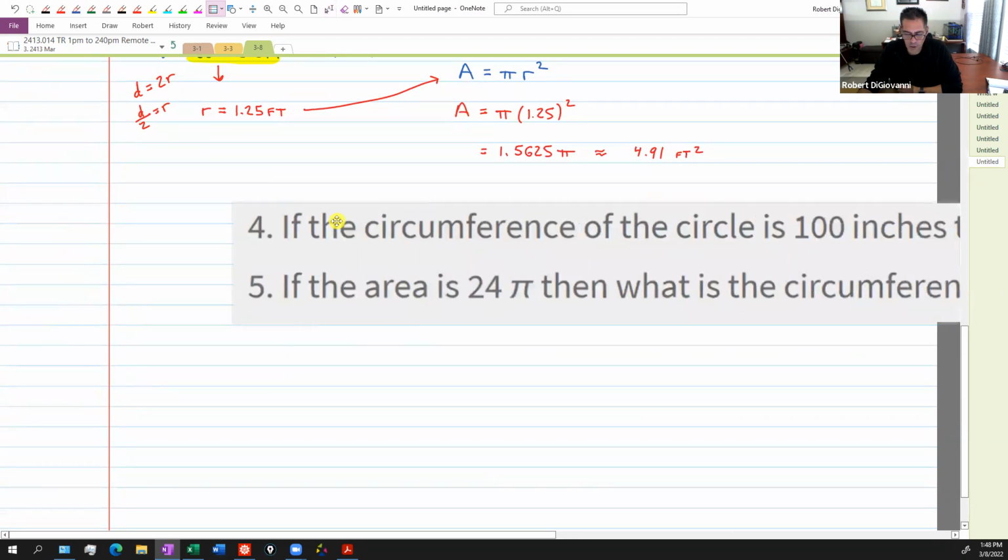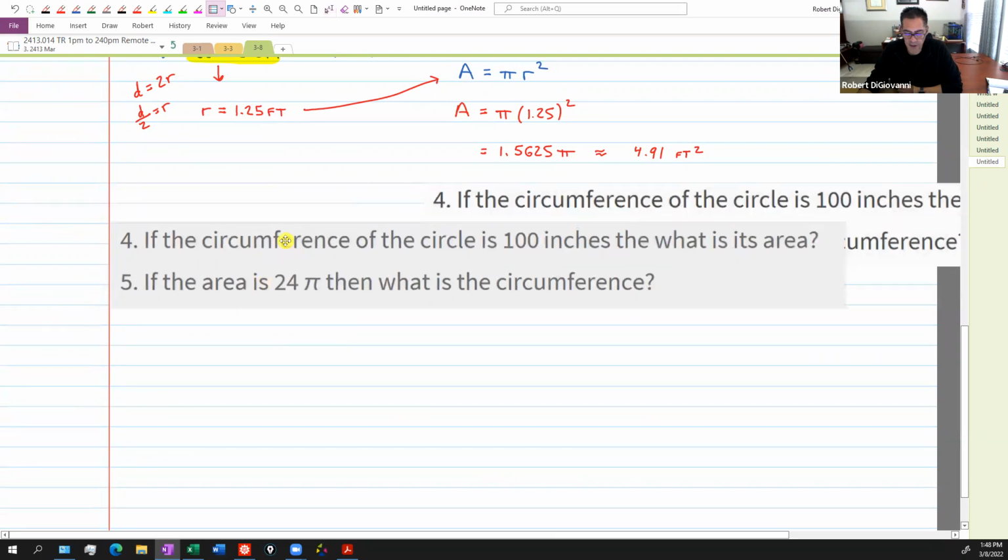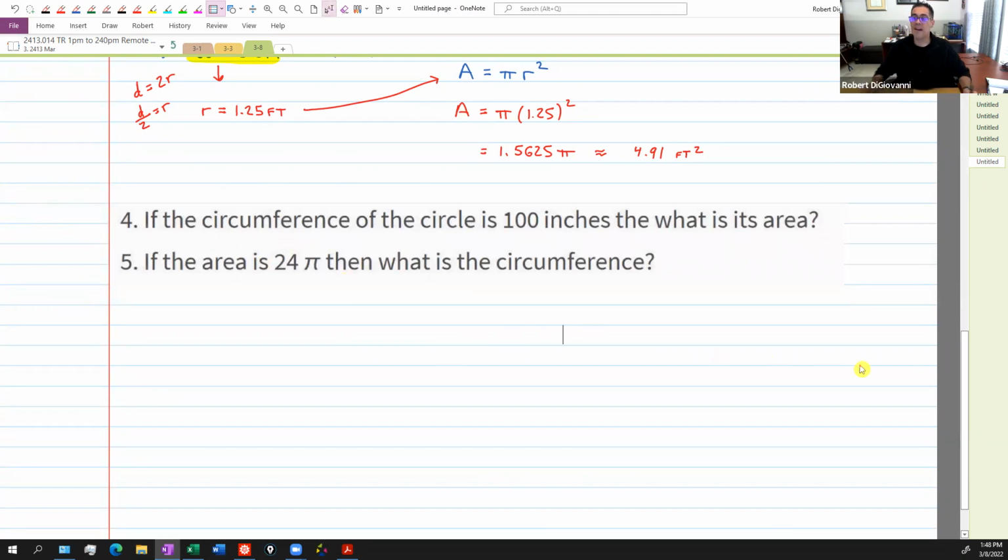So for the fourth one, it says, if the circumference of a circle is 100 inches, what's the area? Okay, so I'm given here the circumference of a circle is 100 inches. And I want to know what the area is.